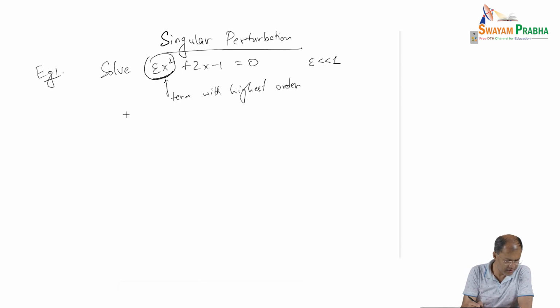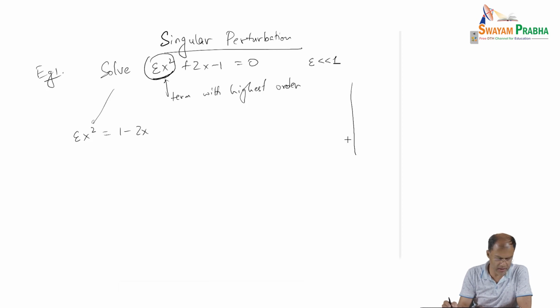So again we try to separate out the terms without epsilon and the terms with epsilon. So we have epsilon x square is equal to 1 minus 2x. On one end we have a parabola, epsilon x square.